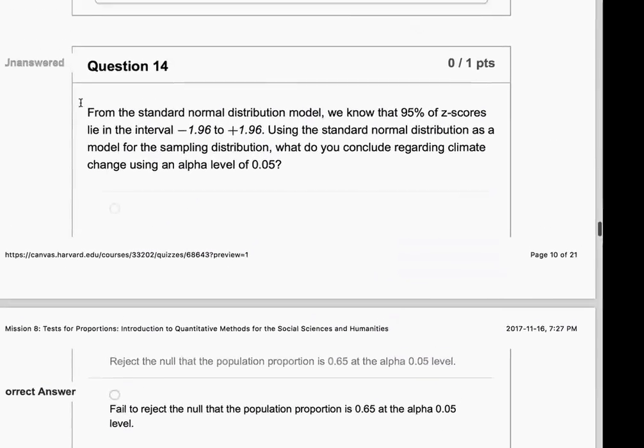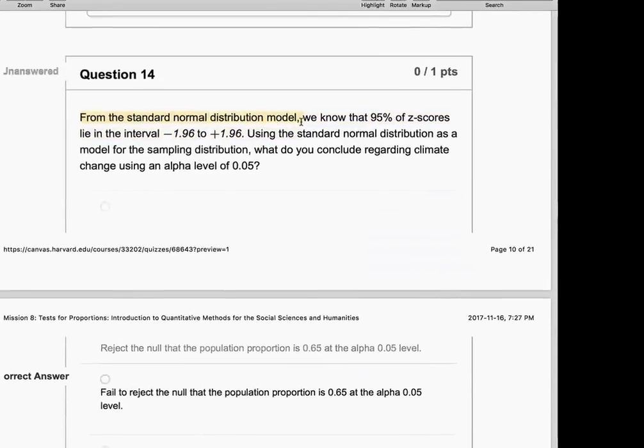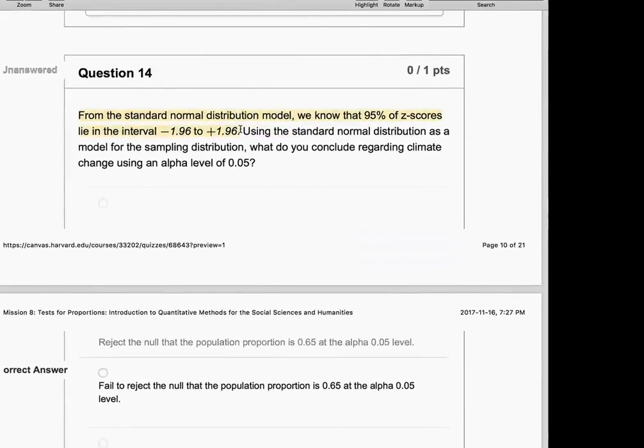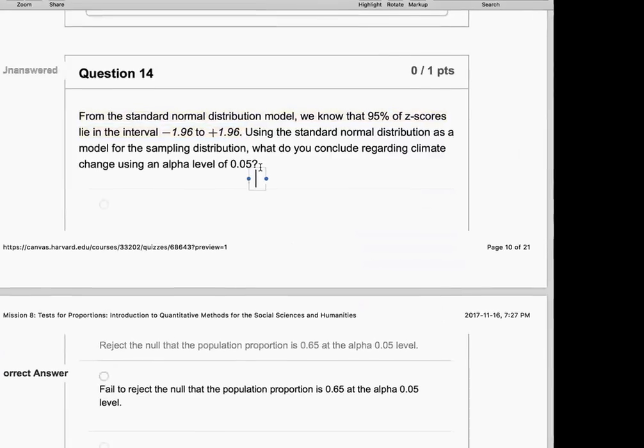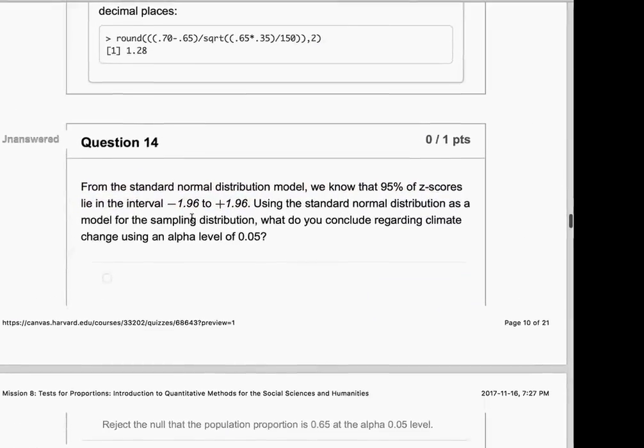From the standard normal distribution model, because we have z-scores here, we know that 95% of z-scores lie in the interval from negative 1.96 to positive 1.96. Using the standard normal distribution as a model for the sampling distribution, what do you conclude regarding climate change using an alpha of 0.05? Well, we know what our z-test statistic is.